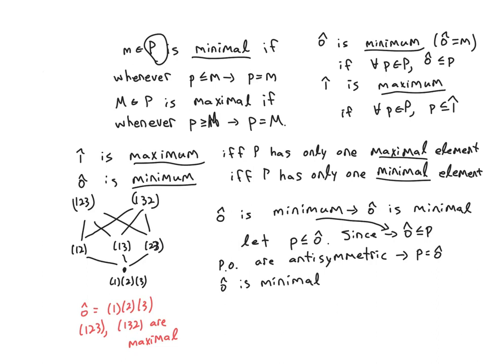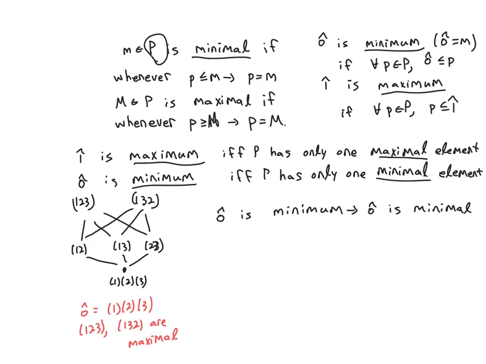What we need to claim is it's the only minimal element. How do we do that? We take another minimal element m. Well, since 0 hat is minimum, we know that 0 hat is less than or equal to m.